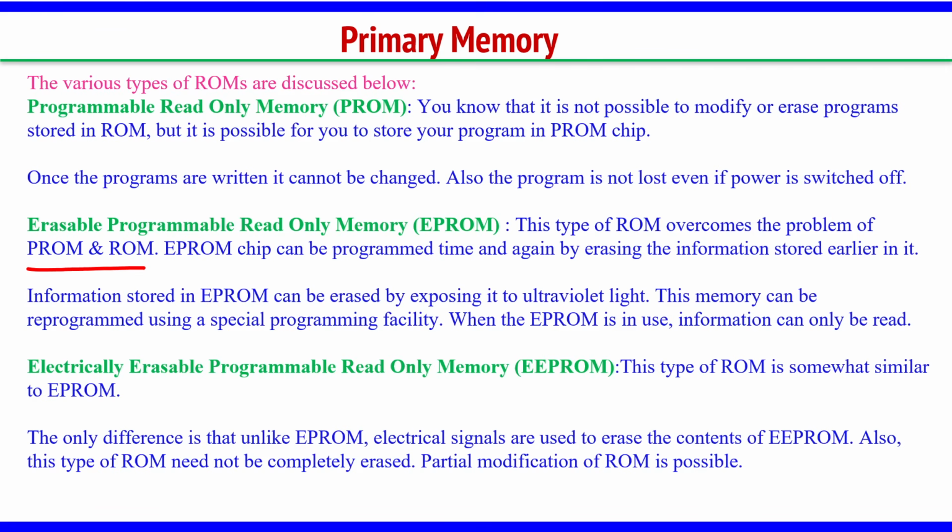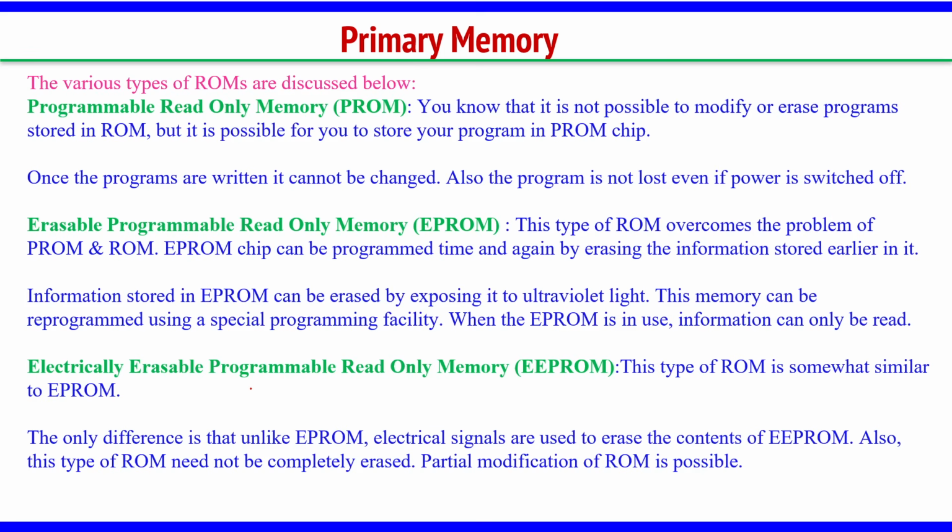It means you can write. In ROM you cannot write. Using PROM you can add something but cannot change. But with EPROM you can delete something, erase something and write it. Information stored in EPROM can be erased by exposing it to ultraviolet light. This memory can be reprogrammed using a special programming facility.